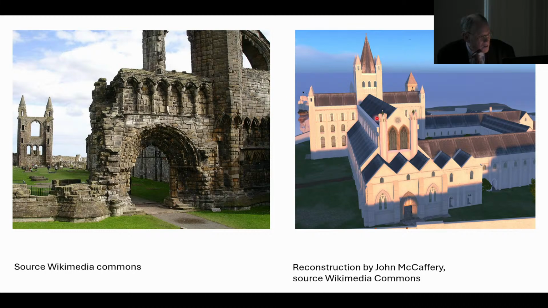That jamb is the bottom of that window, and the photographer has actually been standing in the area of this large porch. But as originally conceived, the high west gable came right out to the line of this wall, and it was altered in the later Middle Ages.